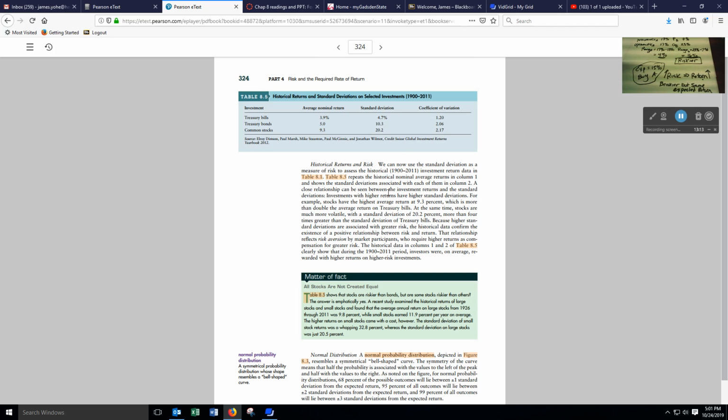And that's column 2. A close relationship can be seen between the investment returns and the standard deviations. Investments with higher standard deviations give you higher average nominal returns.